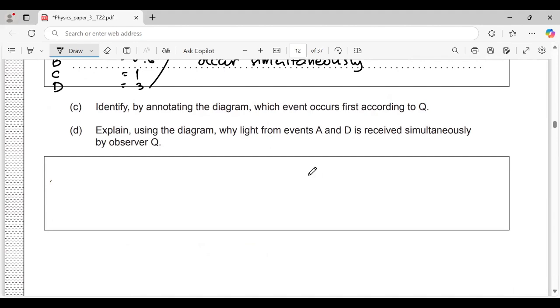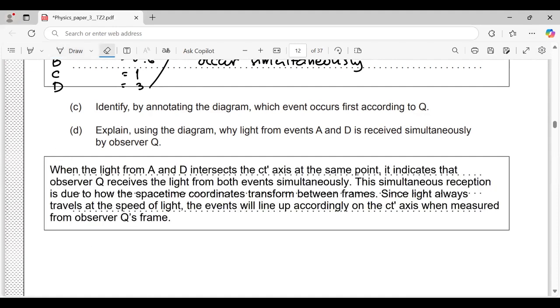Explain by using the diagram why light from events A and D is received simultaneously by observer Q. Right. But I'm going to show my brief explanation. This is my explanation.